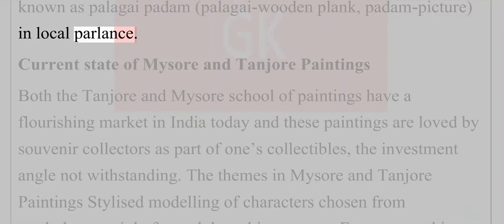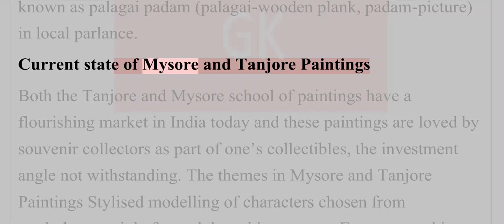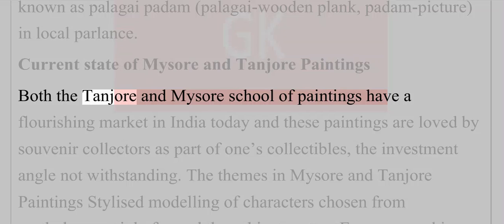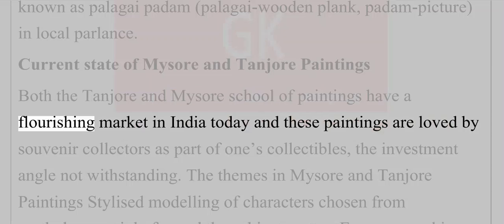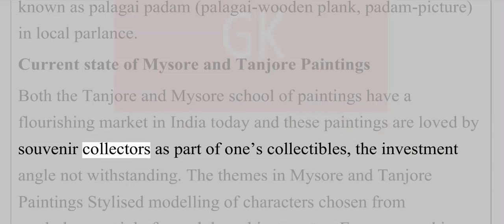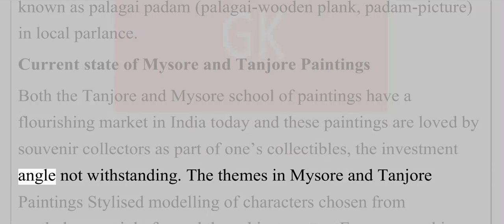Current state of Mysore and Tanjore paintings. Both the Tanjore and Mysore schools of paintings have a flourishing market in India today, and these paintings are loved by souvenir collectors as part of their collectibles, the investment angle notwithstanding.